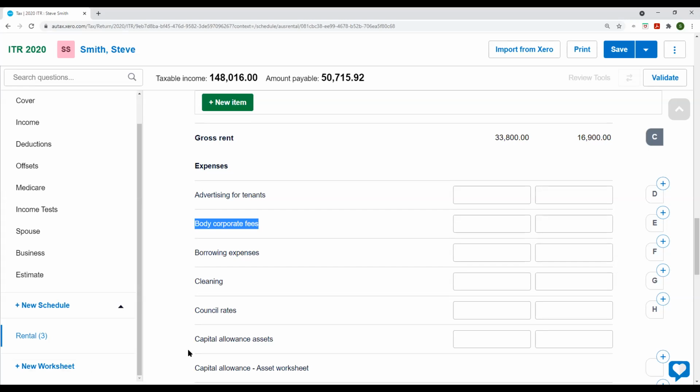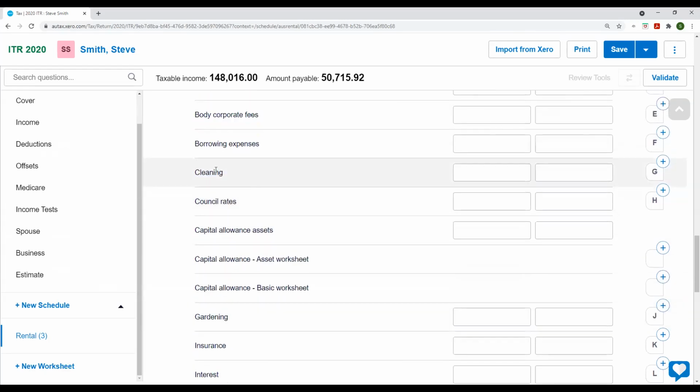Cleaning and gardening. There are two things I want to quickly explain. If you did some cleaning through professional people or other businesses, that cleaning expense and gardening expense can be claimable from the rental income.